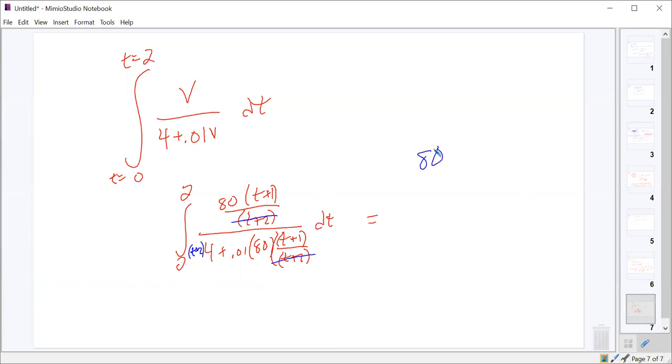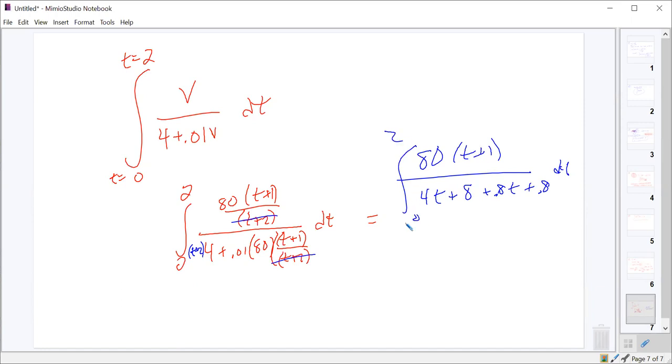So we've got 80 times T plus 1 over 4T plus 8 and then 0.01 times, let's see, 4T plus 8, and then this should be 0.8T plus 0.8.